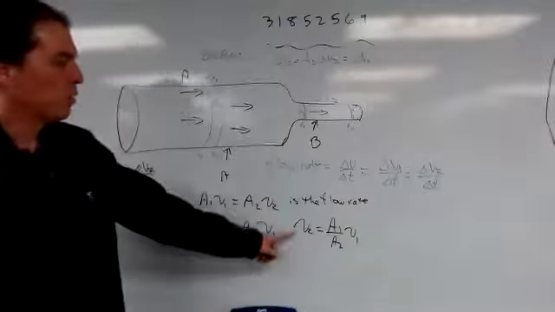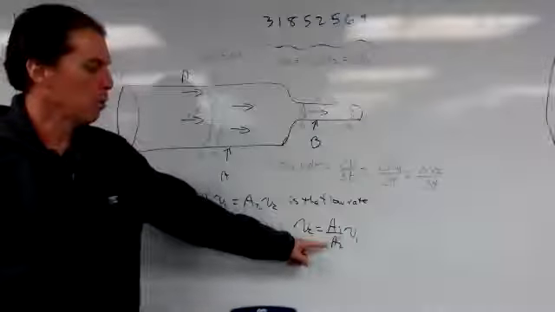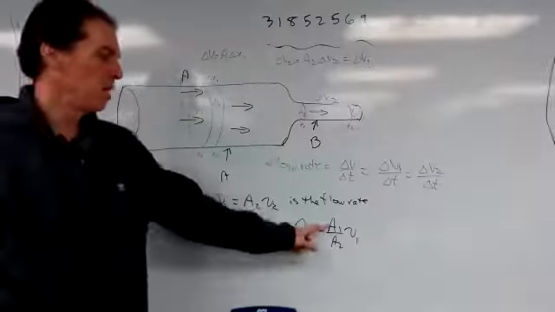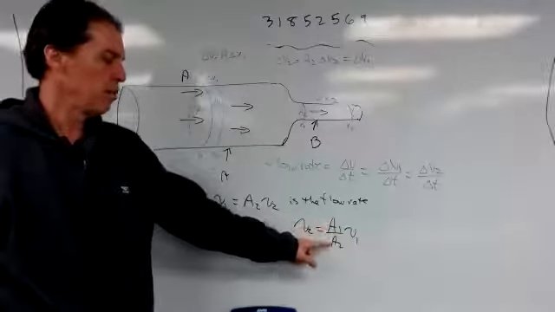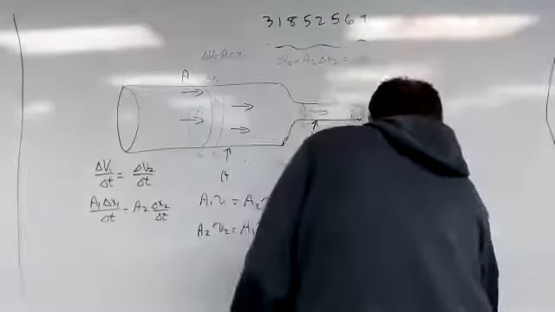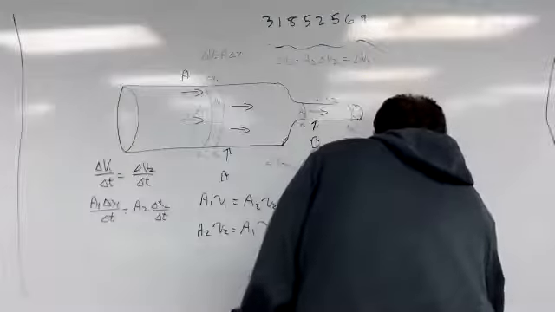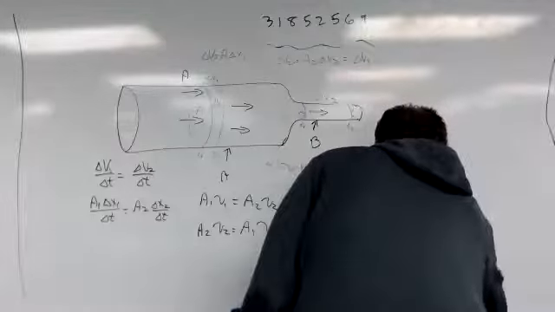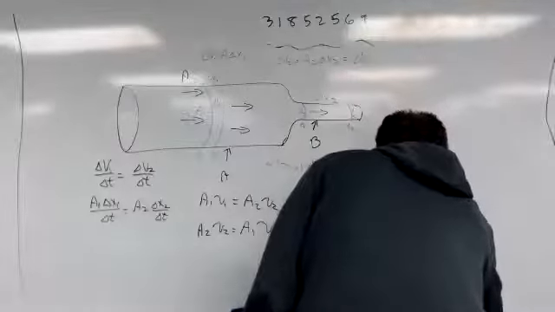And that means the speed at 2 is the ratio of area 1 over area 2 times the speed at 1, or the speed at B is area A over area B times the speed at A. And so this is equal to pi times the radius at A squared. How about if I do diameter?